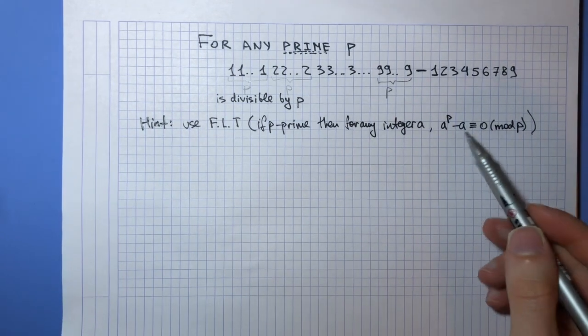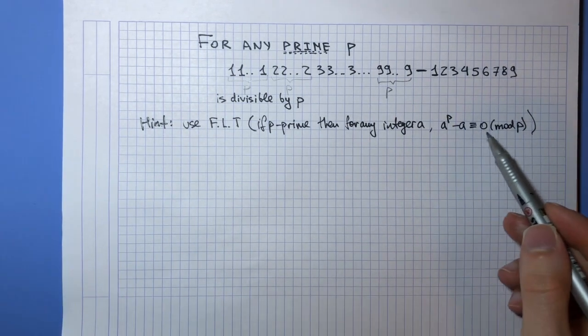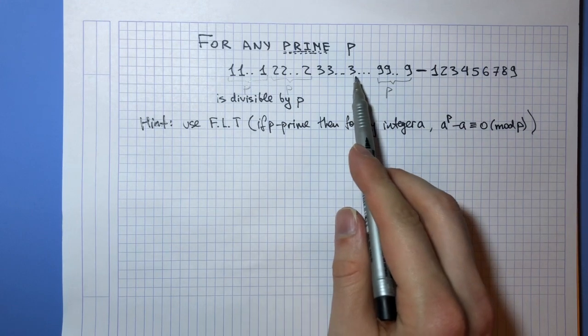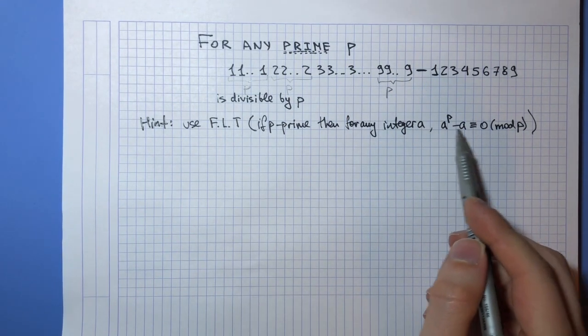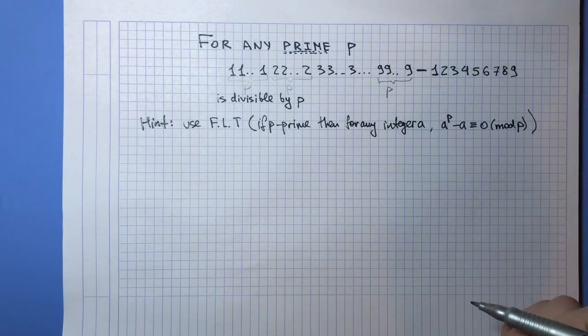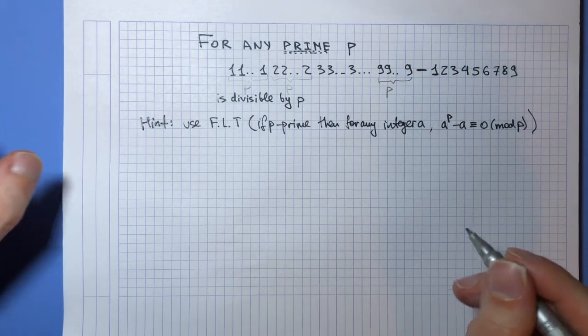So you might see that this theorem could be useful because here we are dealing with the difference of numbers, and here we have a difference of two numbers as well. Okay, so this is a hint, but I'll proceed with the actual solution.